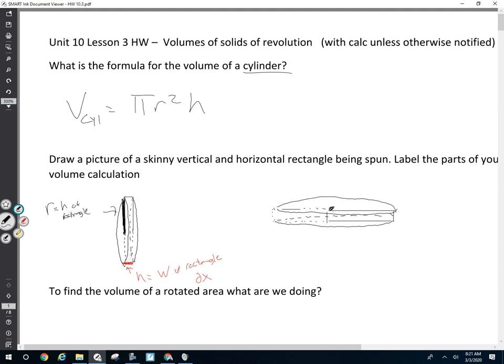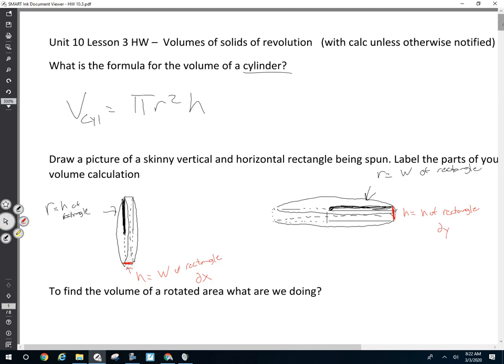Here's the radius of my cylinder right there. The radius in this case is the width of the rectangle, an x distance, like a right minus a left. And then the height in this case is the height, which, for an infinitely skinny horizontal rectangle, is a small change in y.